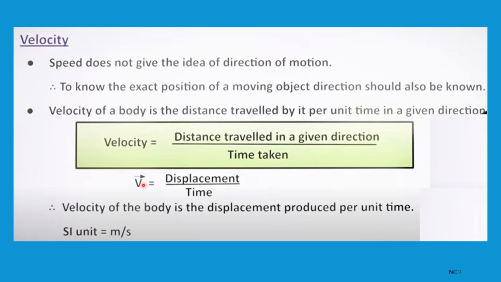In simple words, velocity is equal to displacement divided by time. Displacement is a vector quantity. Velocity of the body is the displacement produced per unit time. This is the definition. The SI unit of velocity is meter per second.